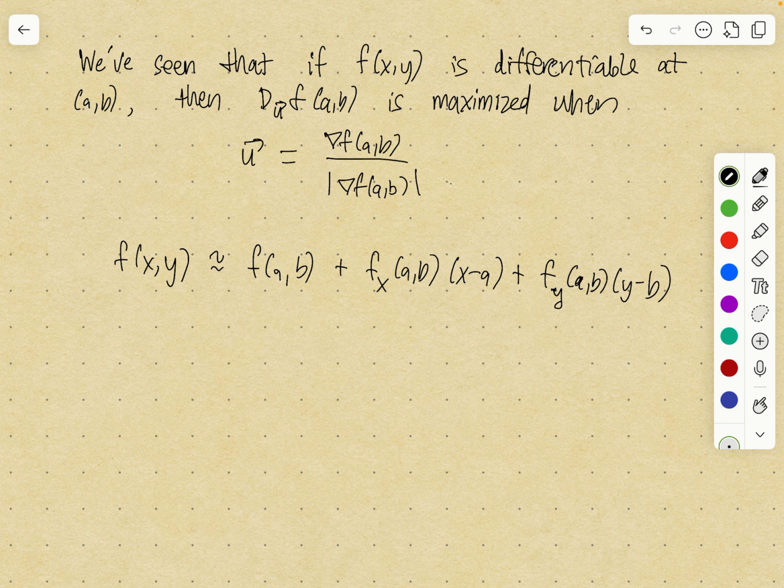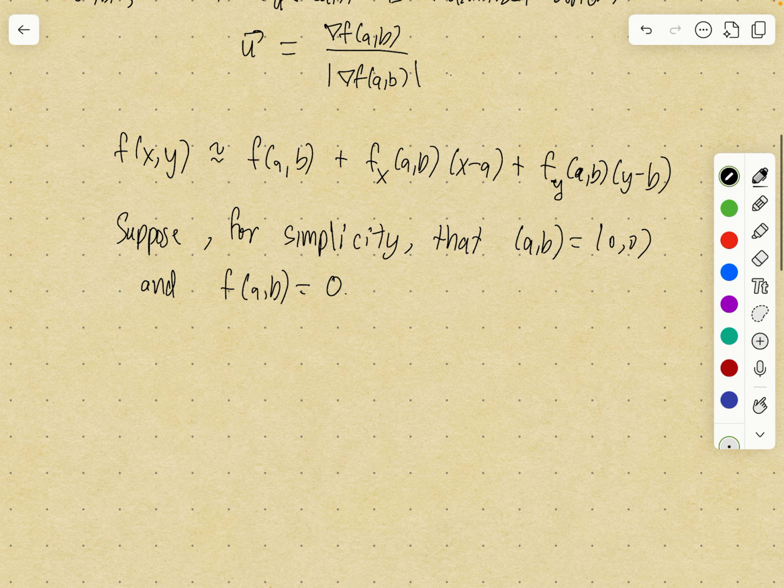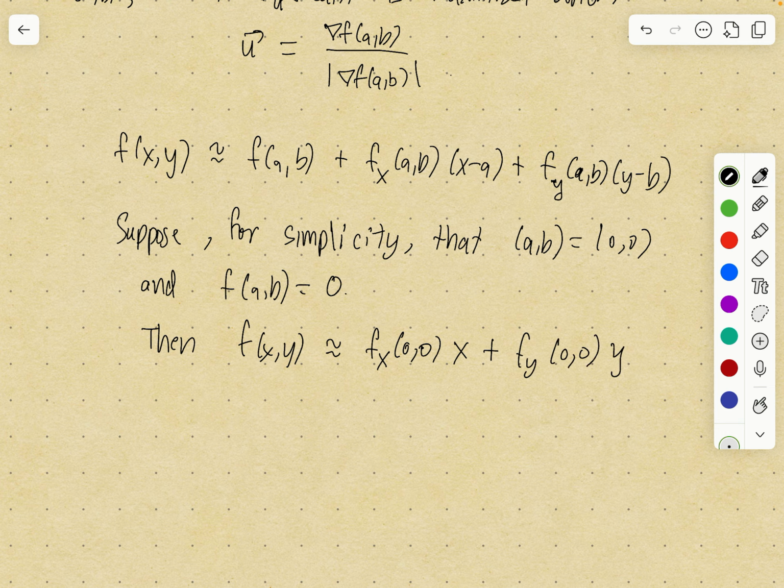And suppose, again for simplicity, that we're looking at the origin and that f of ab is equal to 0. So then we're saying that f of xy is approximately f sub x at 0, 0 times x plus f sub y at 0, 0 times y.